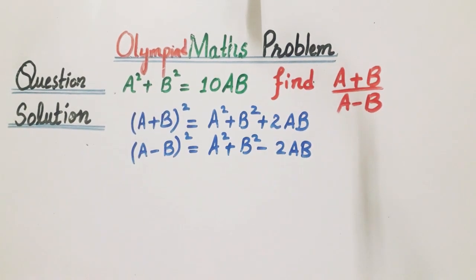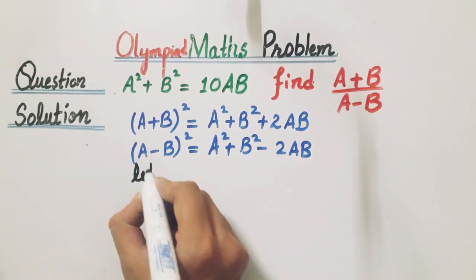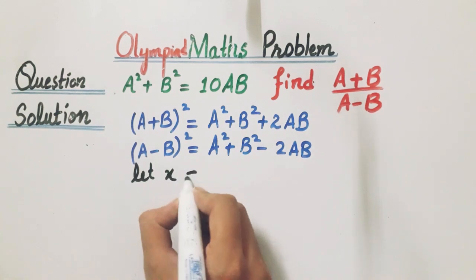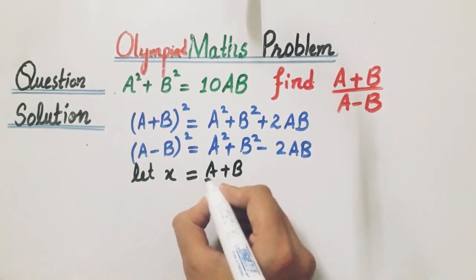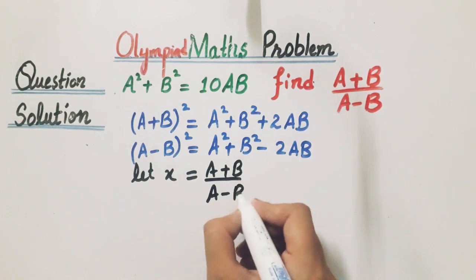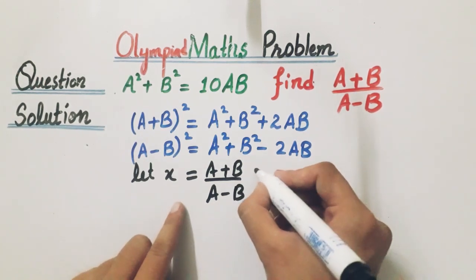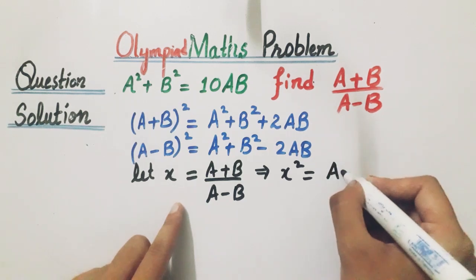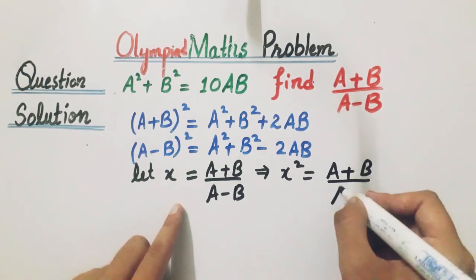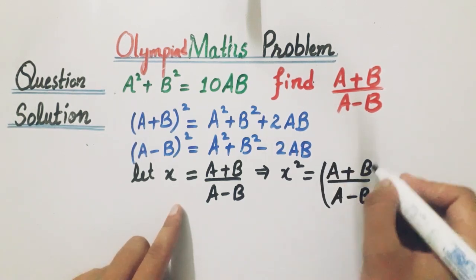Now let's suppose x = (a + b)/(a − b), which implies x² = ((a + b)/(a − b))².